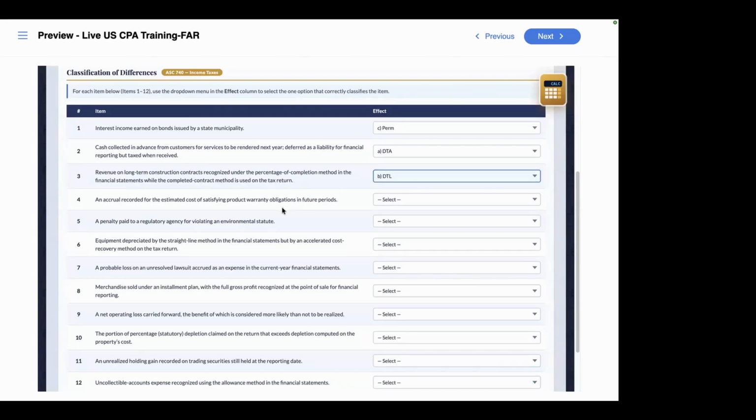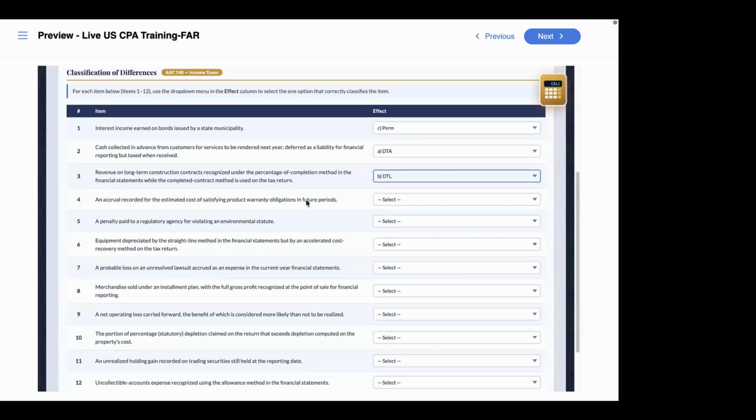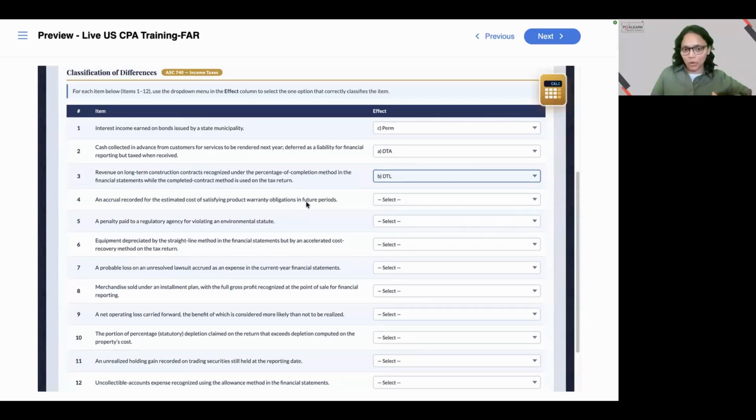Guys, 1 minute. Yeah, Renzi. See what is happening. The expense, the book income is already low, right? Tax will disallow.